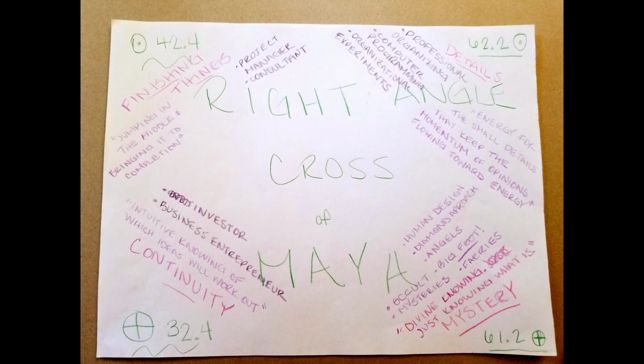So mine is based on my conscious sun of 62.2 and my conscious earth of 61.2, as well as my unconscious sun of 42.4 and my unconscious earth at 32.4. The points just indicate the lines in your chart.